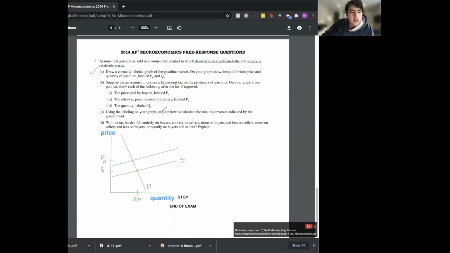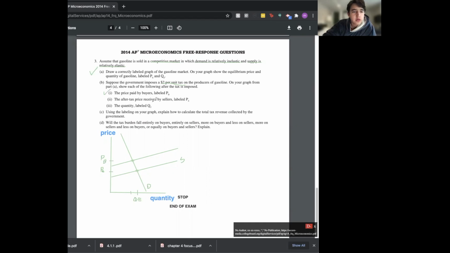After this $2 tax, the suppliers would be incentivized to supply less. As you see down here, the quantity is less. The demand would be lower because the buyers have to pay more, and the suppliers would have to charge more to earn the same or even less amount. So that was part one.